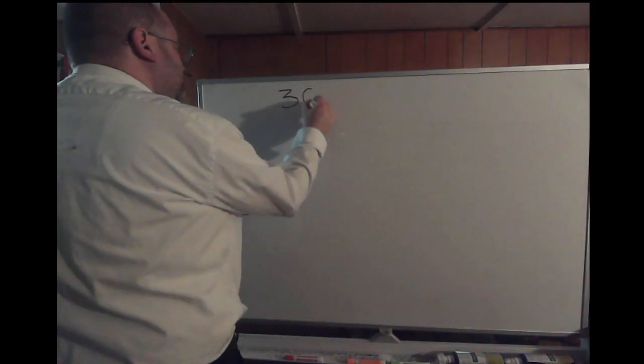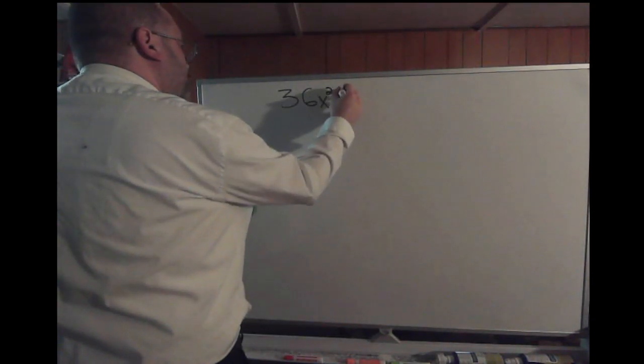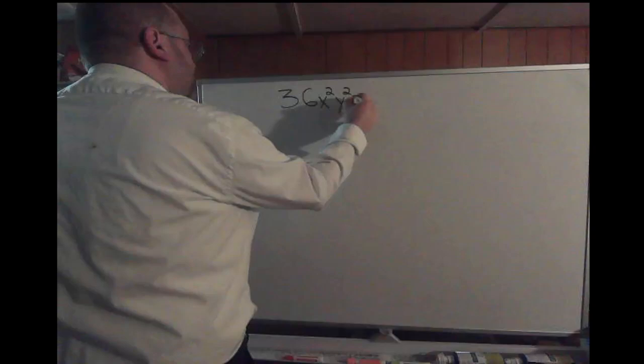It's important first to be able to factor them just as the numbers separately. Alright, let's see. We have 36 x squared, y squared, z squared.